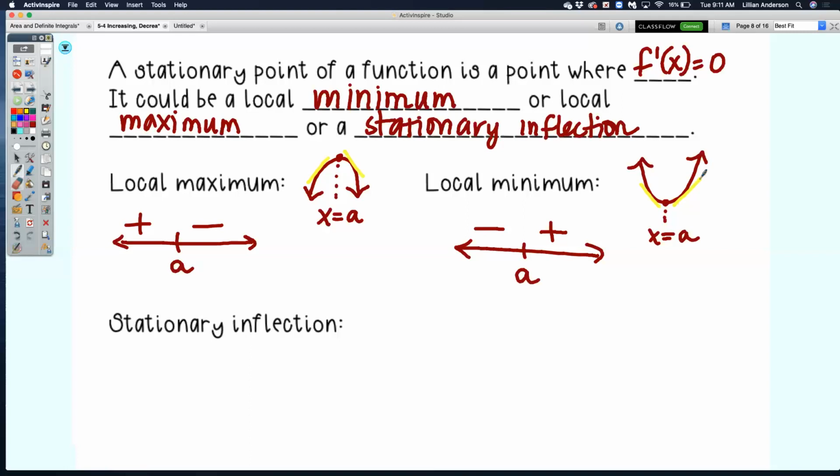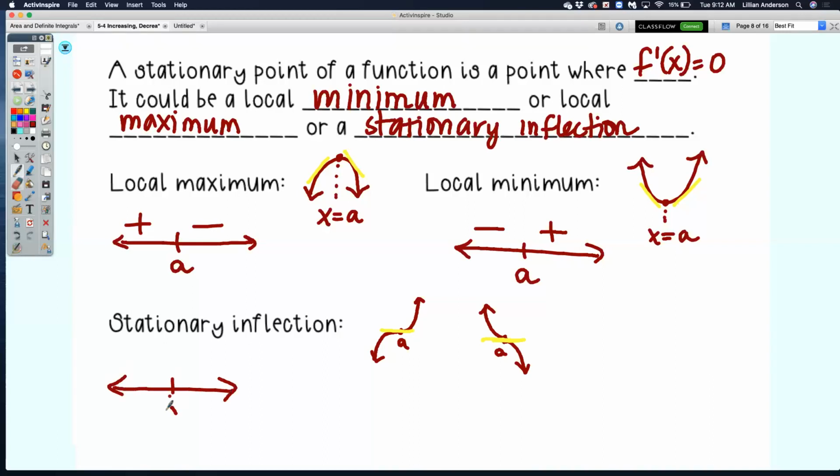Now a stationary inflection is a value you get when you set the first derivative equal to 0, but the graph looks like this at that value of a, okay? You still have that tangent line that's horizontal.